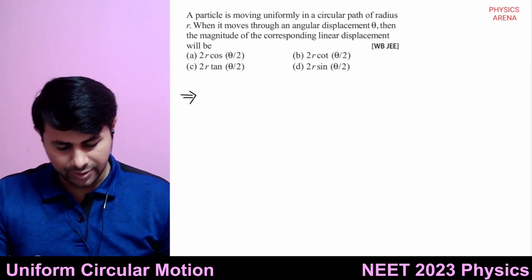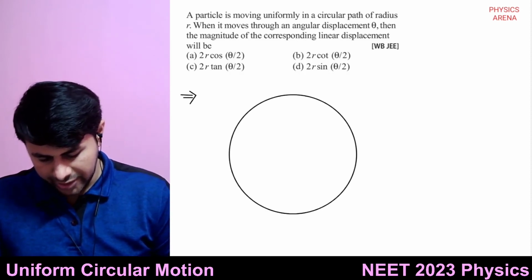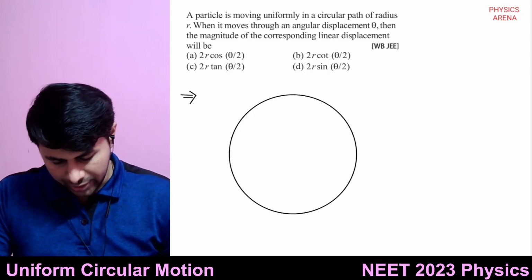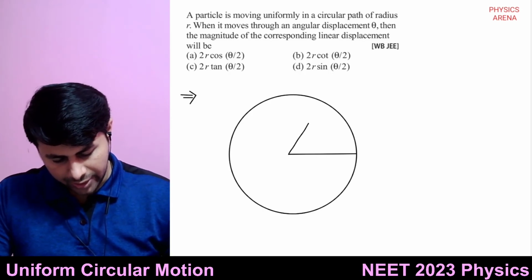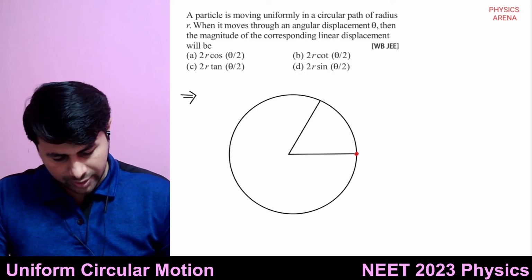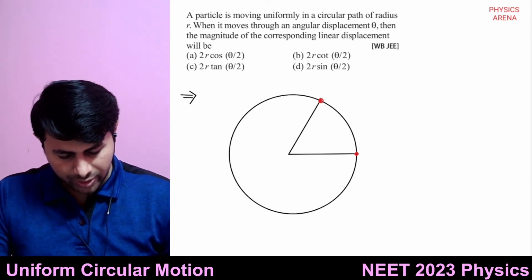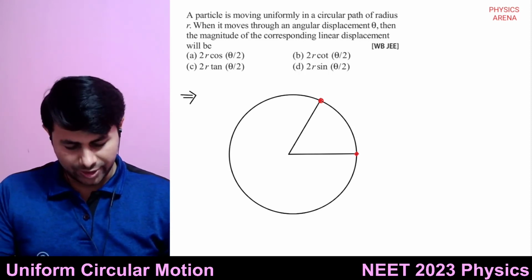Let's see this one. Our object moves through an angle of theta. Initially the object is here and it moves through angle theta. Because all the options are in terms of theta by 2, there will be some relation.